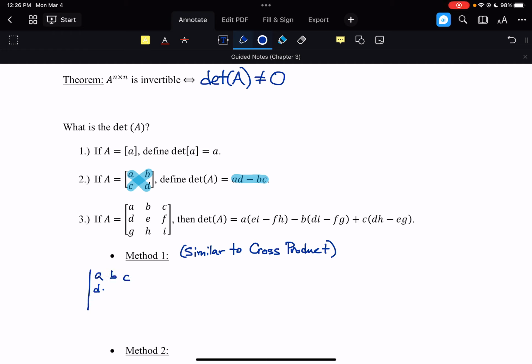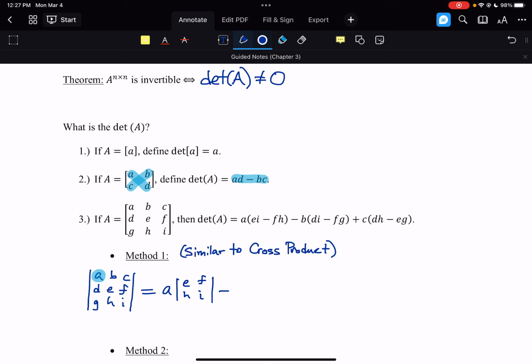So we've got A, B, C, D, E, F, G, H, I. You take the first component, the 1, 1 component, you block off its row and its column, and you multiply by the determinant of this submatrix, this 2 by 2 matrix within the 3 by 3. So we get A times the determinant of E, F, H, I.